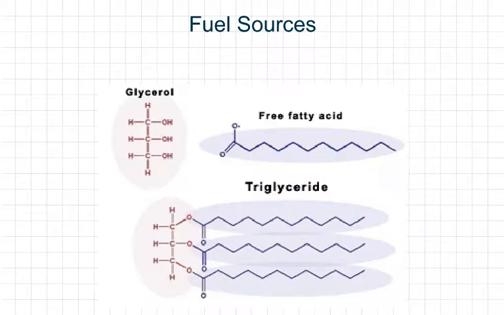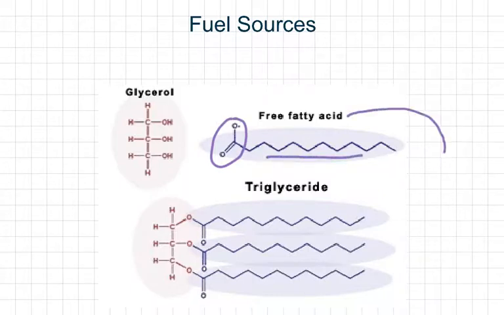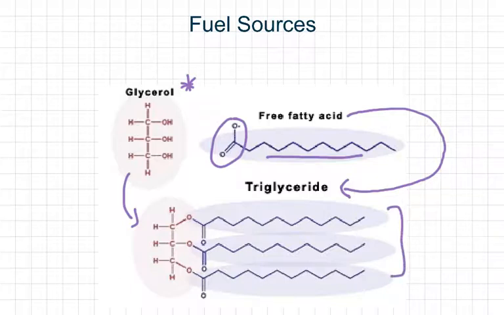So if we look at a fatty acid, it contains a carboxyl group with an aliphatic chain. And the reason we go over fatty acid is because it is the base unit of what we call triglycerides. And a triglyceride is made of a glycerol backbone, which you see right here, and 3 fatty acids.